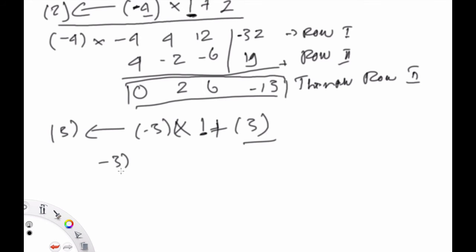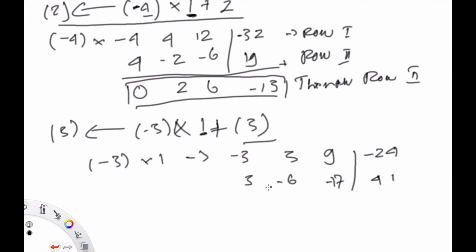Minus 3 times the first row gives -3, 3, 9, and -24. The entries of the third row are 3, -6, -15, 17, and 41. Summing, we have 0, -3, -6, 17.